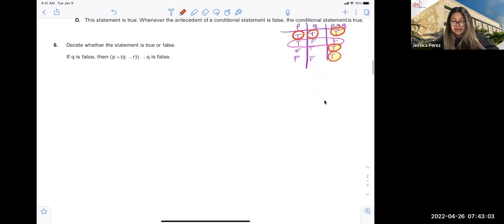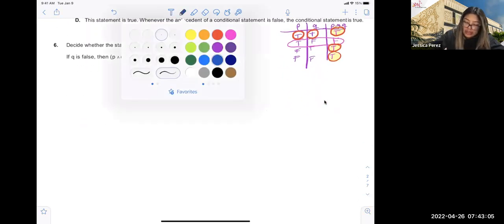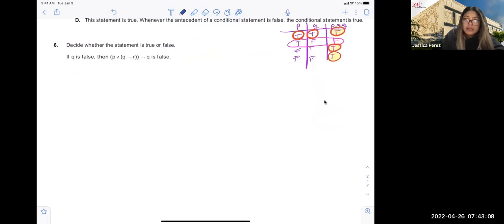Decide whether the statement is true or false. Well, again, you have the same thing, P implies Q. But all this is Q implies Q. We know that Q is false. So this is false.